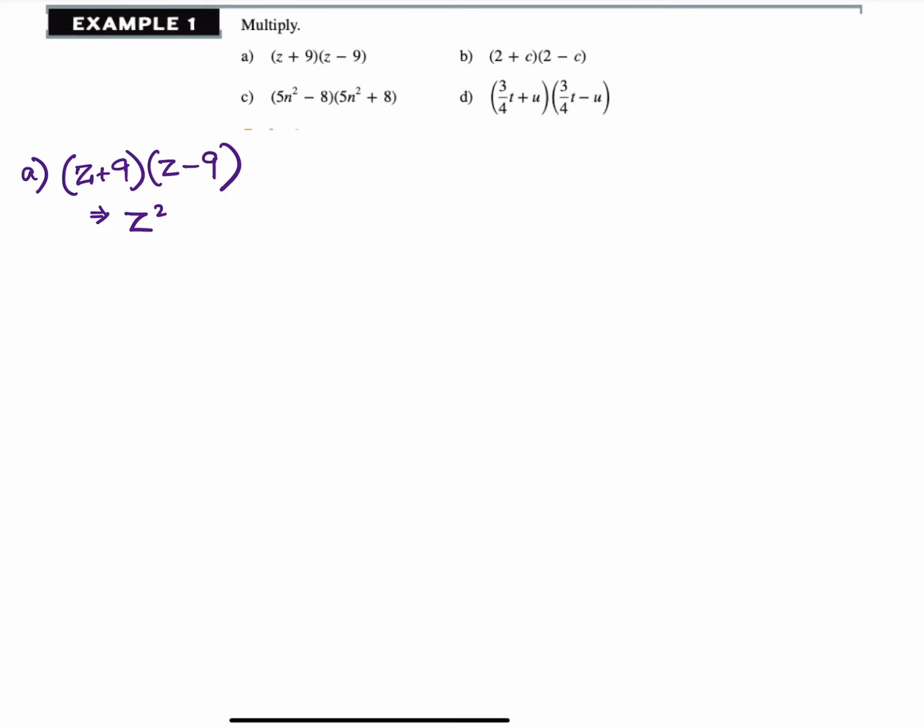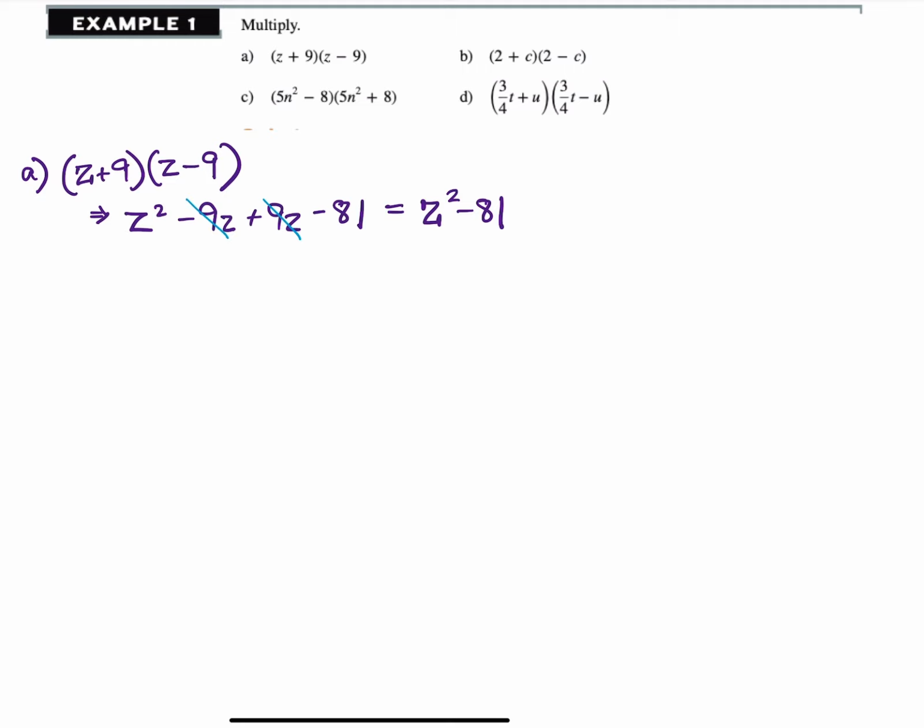Then the outer terms would be z times negative 9, so minus 9z. Then the inner terms is 9 times z, so plus 9z. Then the last terms will be 9 times negative 9, or negative 81. We get the cancellation of the middle terms again. Those will cancel. So we just end up with z squared minus 81.